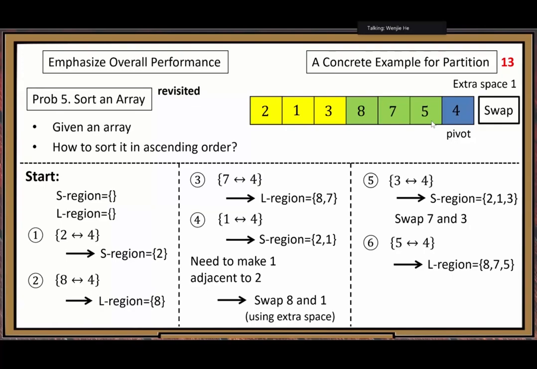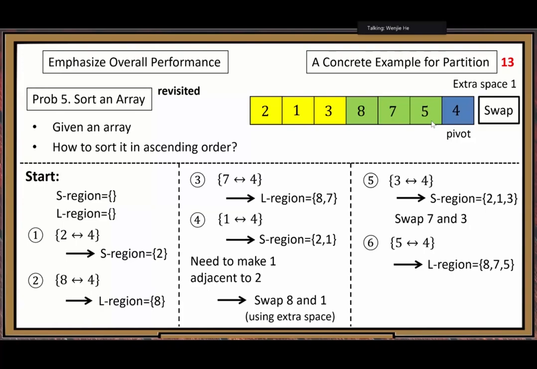Sometimes even for the first one, if you already have a green element there before you get the first element in the S region, then you need a swap. Try to understand the details.